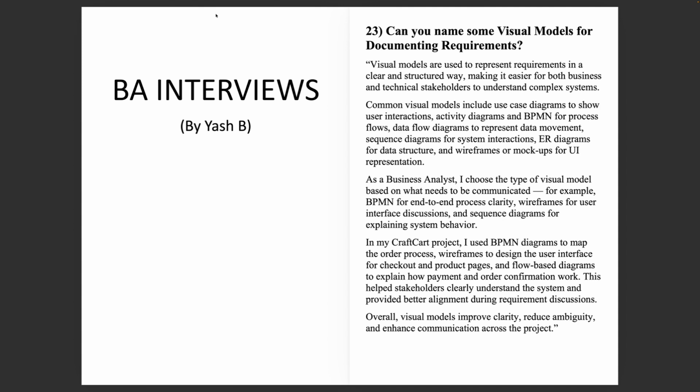So some common visual models are BPMN diagram, use case diagrams, flow charts, data flow diagrams, that is DFDs, ER diagrams, wireframes or mockups, and sequence diagram. These models help stakeholders understand process flow, system behavior, data movement, and screen designs easily.